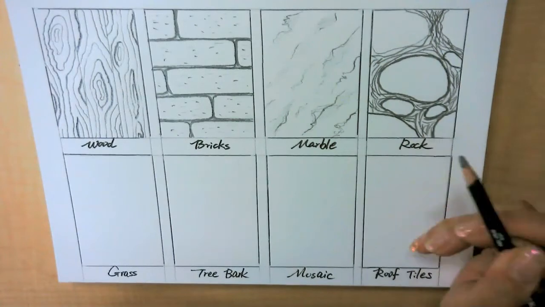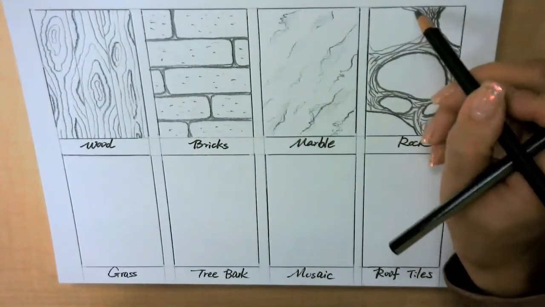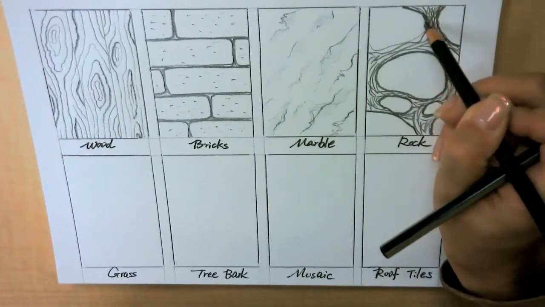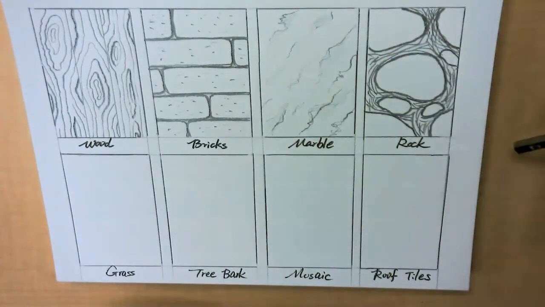Once you're done making those random water flows, use a 6B pencil to emphasize the outline of each rock.